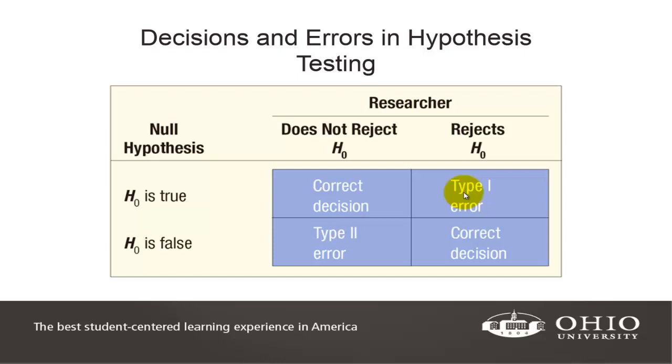Another way of saying that is there are 5 out of 100 samples out there in that population. If I go look at 100 samples in that population, there are 5 of them that would tell me to reject when I really shouldn't reject. That's a type 1 error, and when you establish alpha at the onset of your hypothesis test, that's the risk of a type 1 error that you are willing to accept when you start the test.